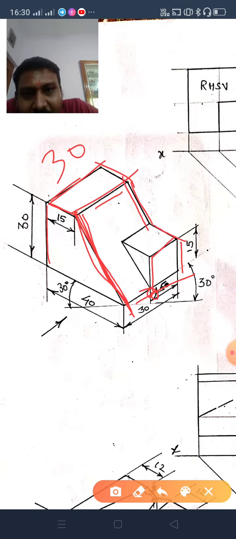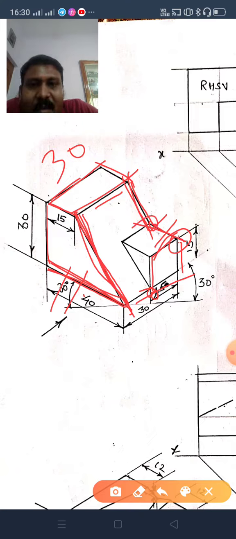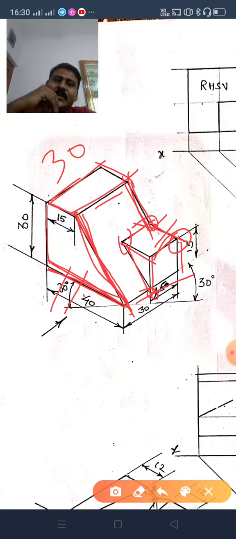Now from this point, draw a line parallel to this 30-degree inclined line. Where these two lines intersect, you will get this point. Now from here take again 15 and join this, and join this point and this point also. So this is the three-dimensional figure.